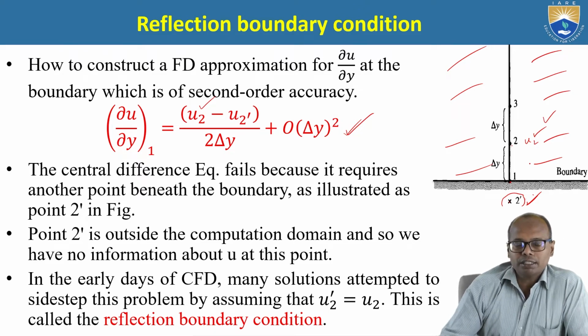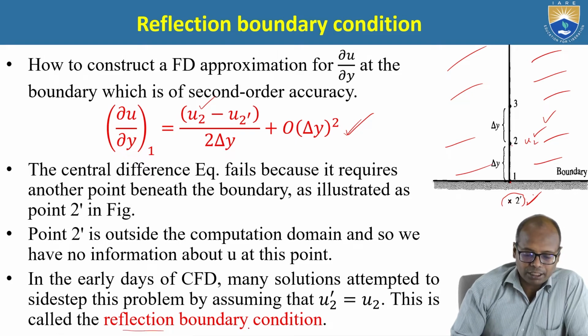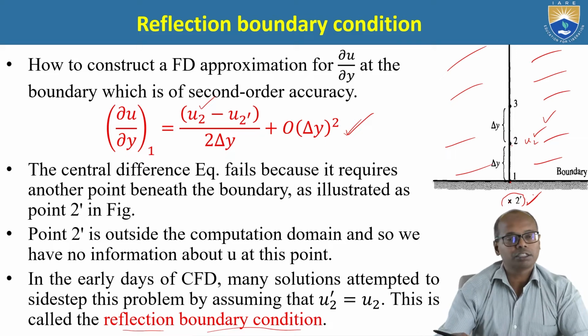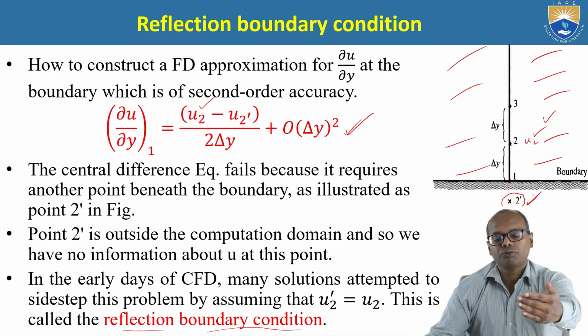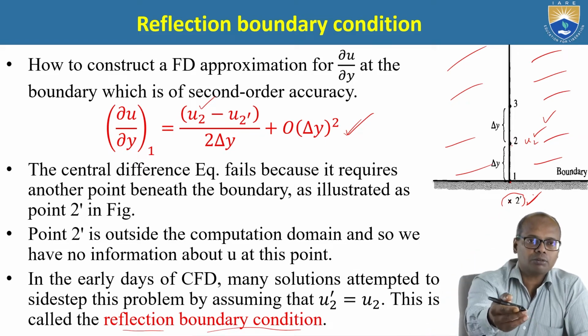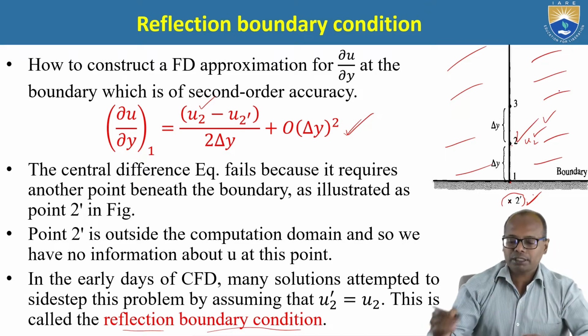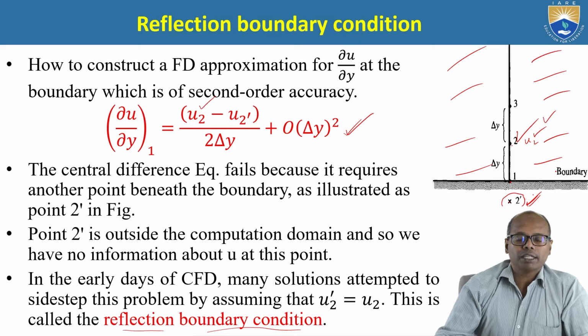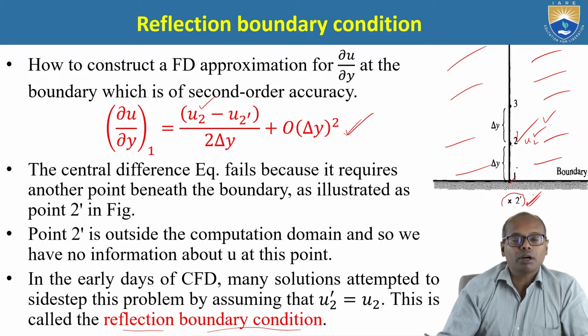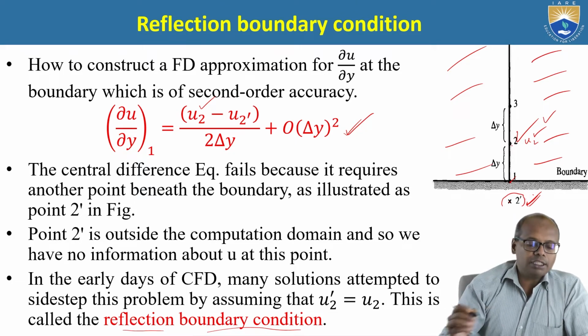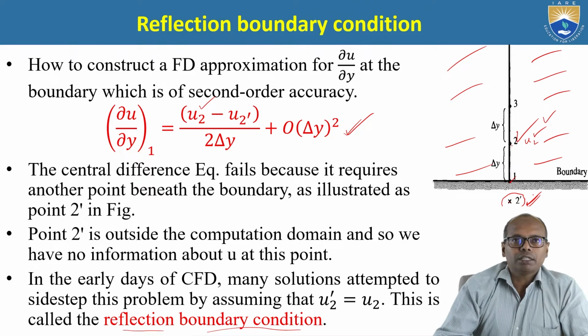This method is called the reflection boundary condition. So what is the reflection boundary condition? This is the boundary, and we have a point on the other side of the boundary, at 2, and we take a mirror reflection as 2 dash, and we find the finite differences at point 1 with second order accuracy. So this is called the reflection boundary condition.